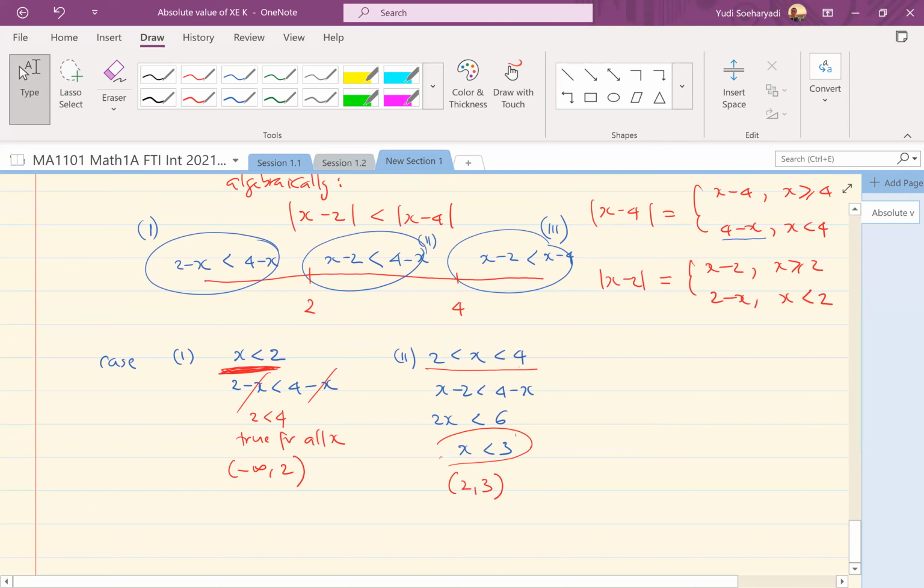And what about the third case? X greater than 4.